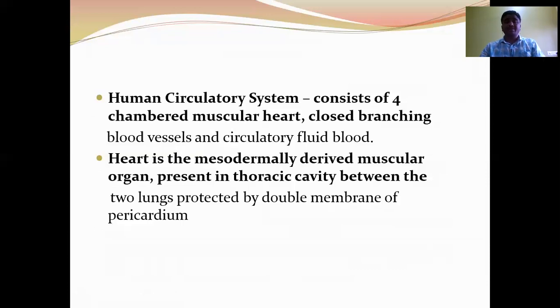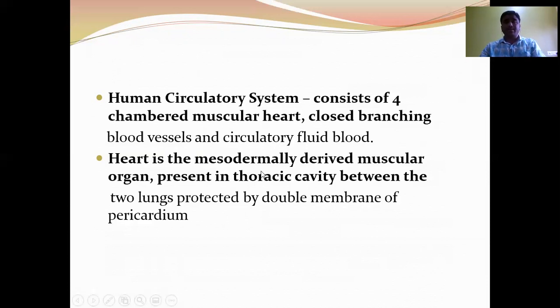Human circulatory system. Next topic is the circulatory system of human. It consists of a four-chambered heart, closed branching blood vessels, and circulatory fluid, that is blood and lymph.